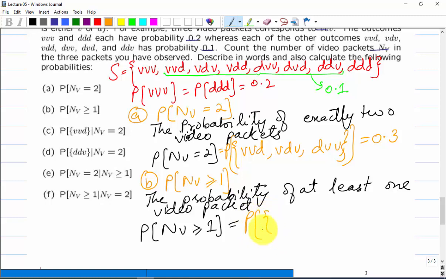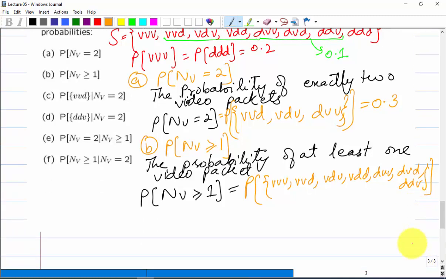So at least 1 or more, it will be VVV, VVD, VDV, VDD, DVV, DVD, and DDV. So we will have these elements to find the probability.